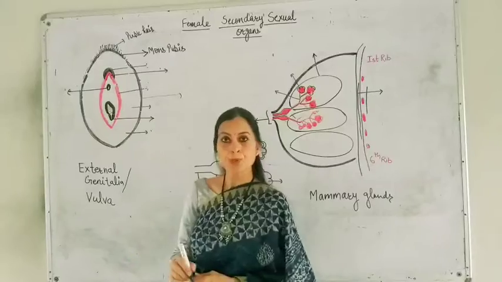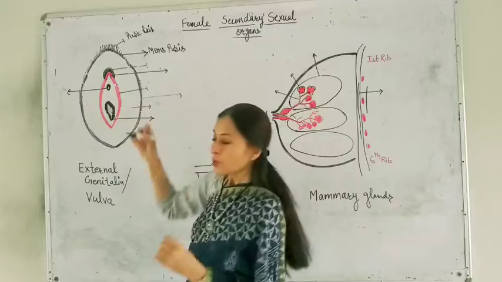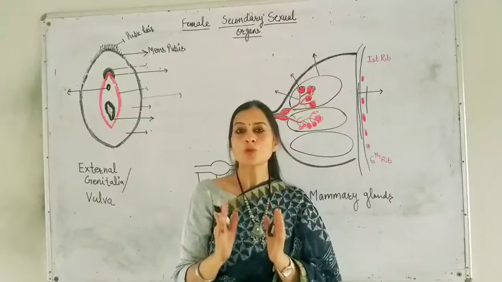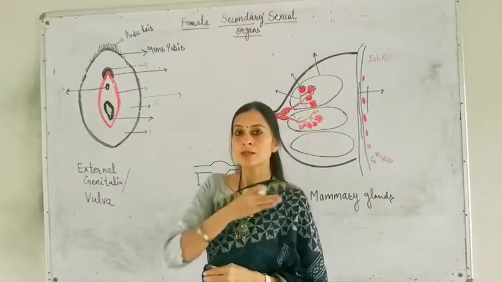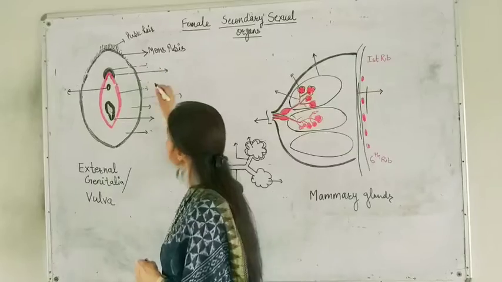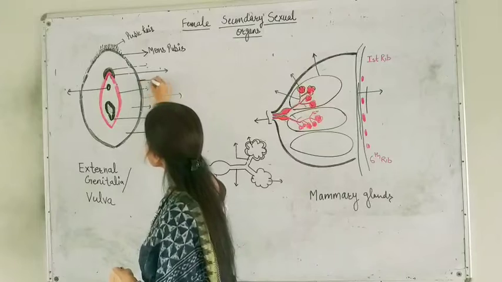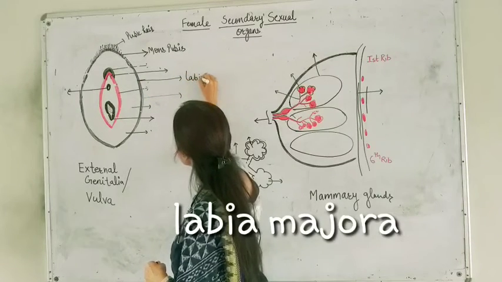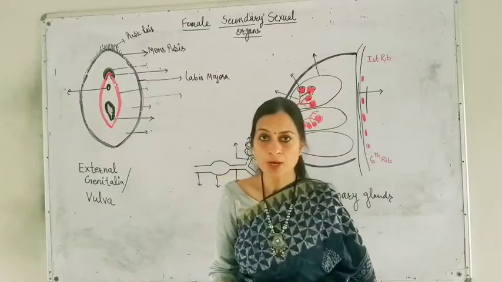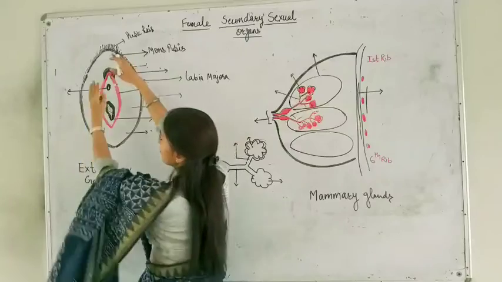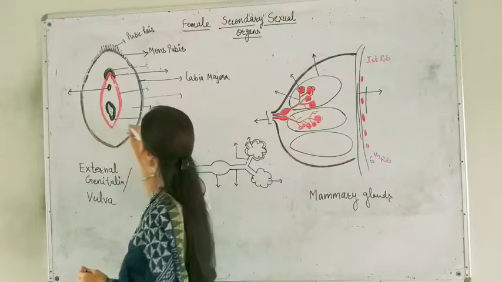Now this mons pubis is linked with two delicate folds of skin, lip-like structures. These folds of skin are known as the labia majora.